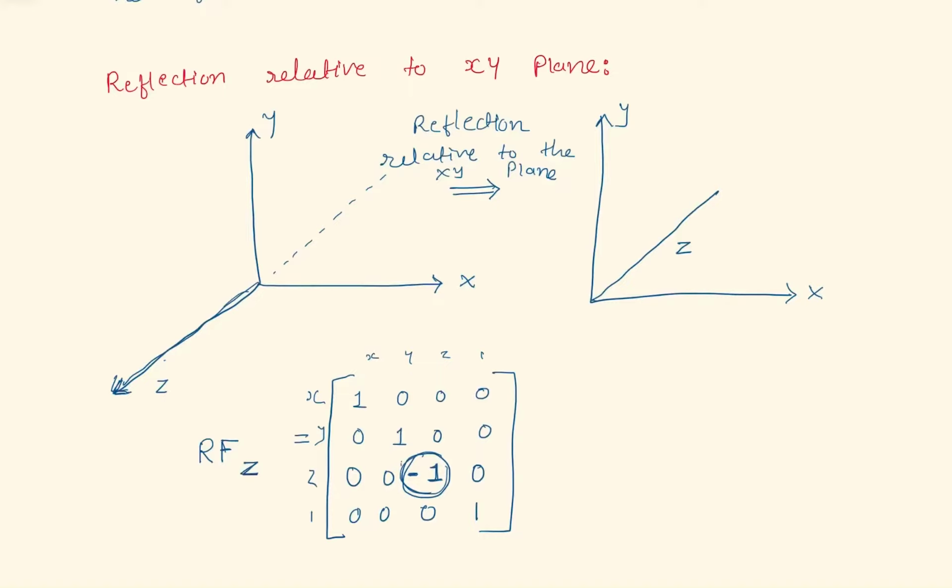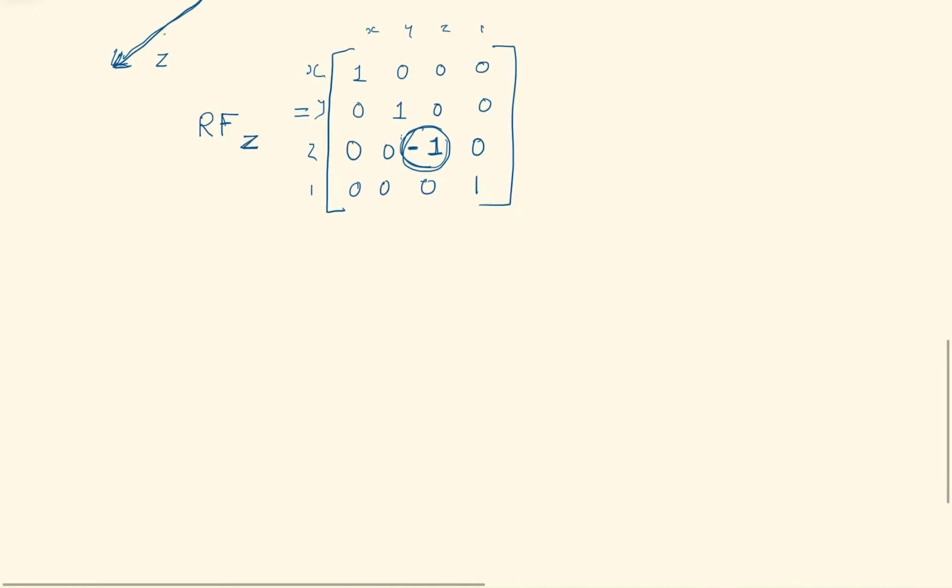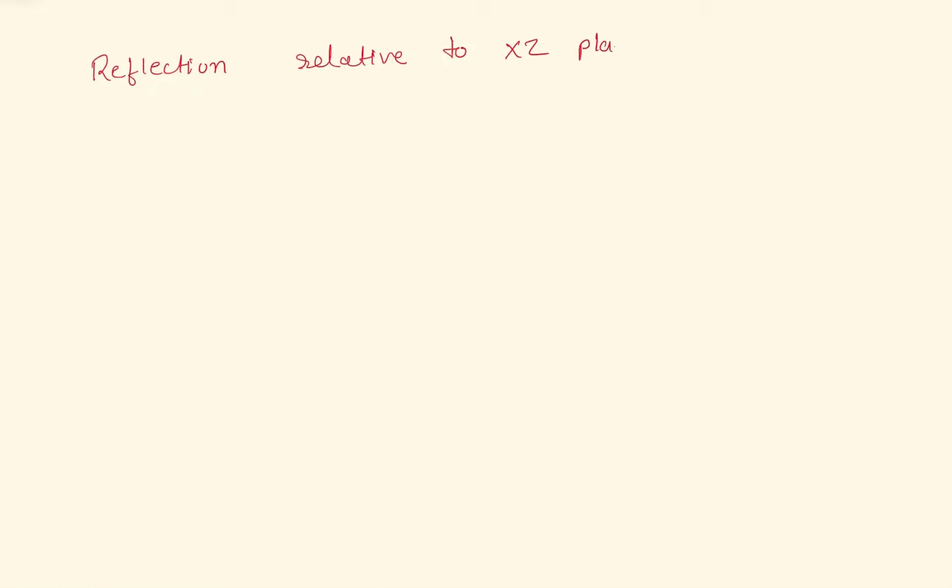Similarly we have to find the other planes. The second one is reflection relative to the XZ plane, right? Suppose we have these three axes x, y and z.